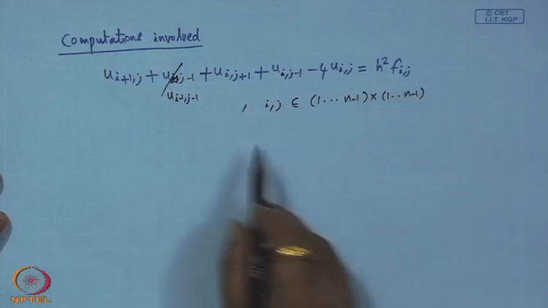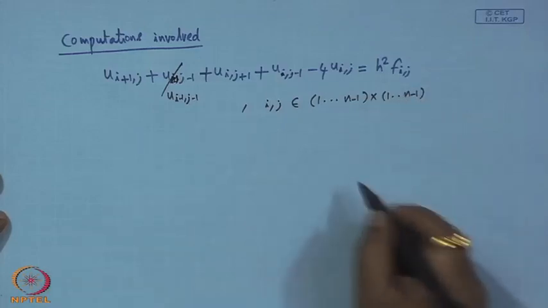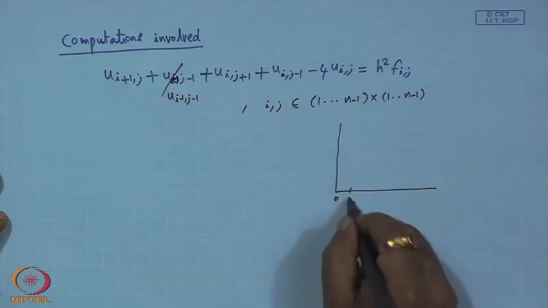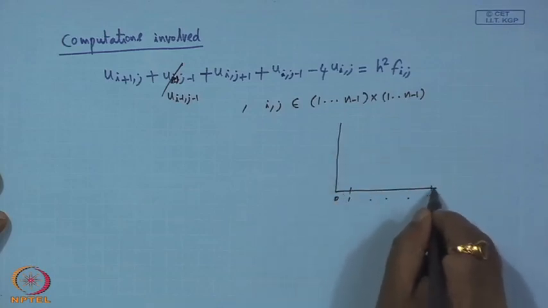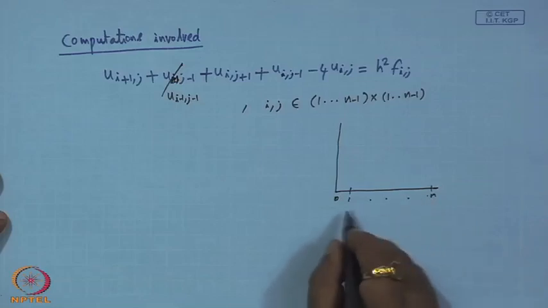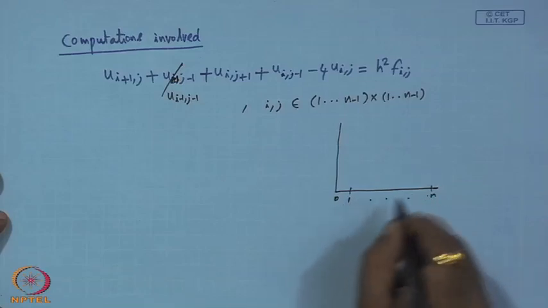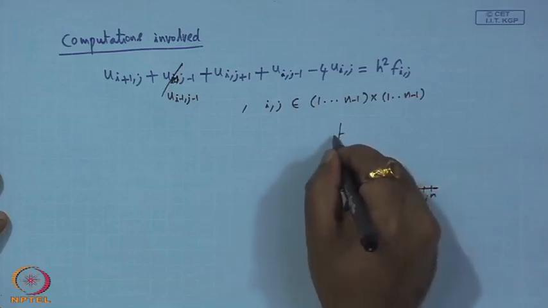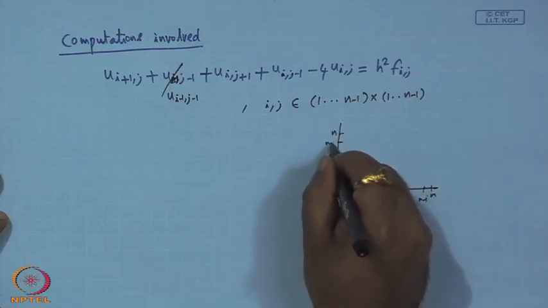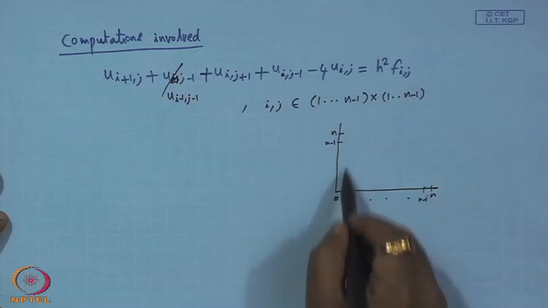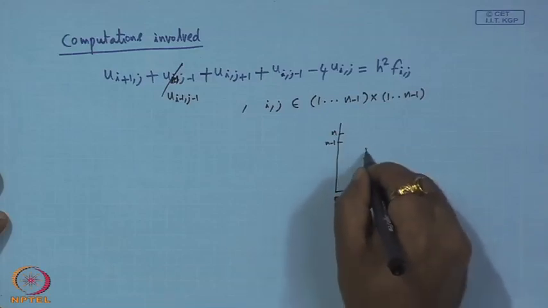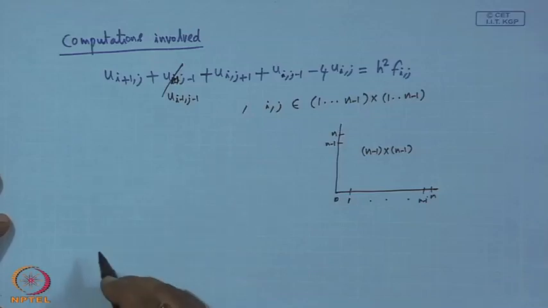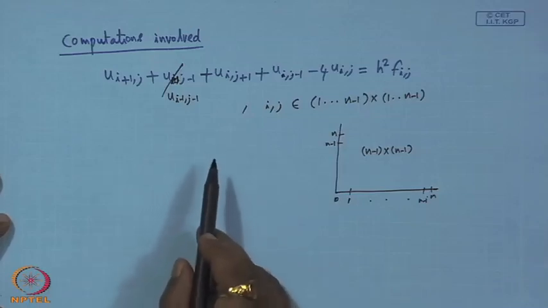So, if you have a grid going to n, then what would happen? i goes from 1 to n minus 1, and similarly j. So, we have how many internal points?